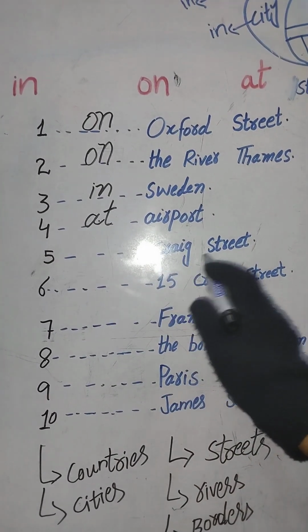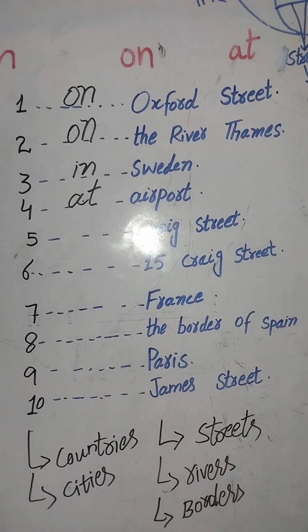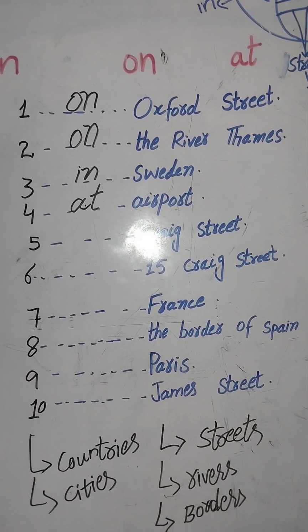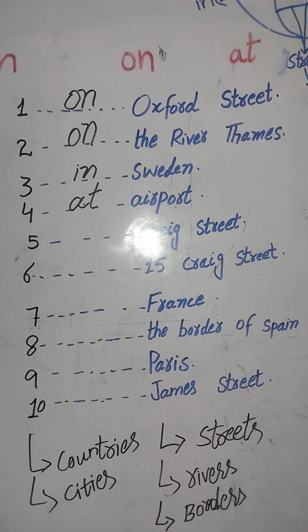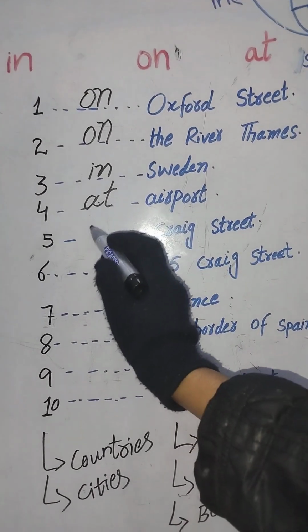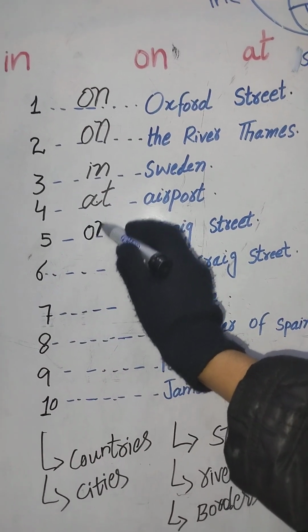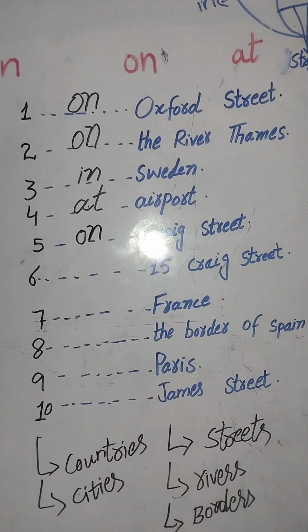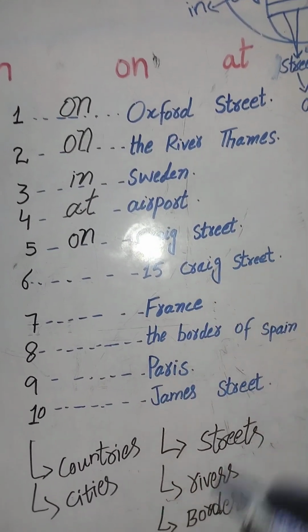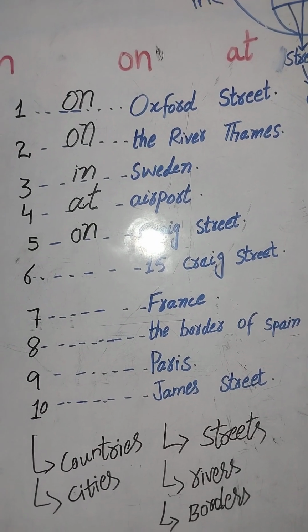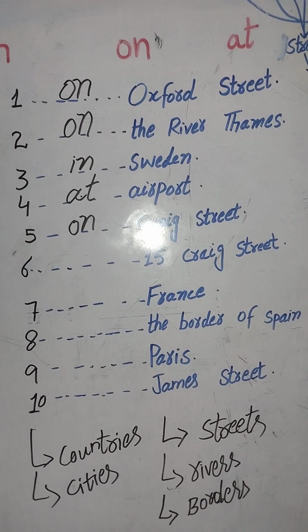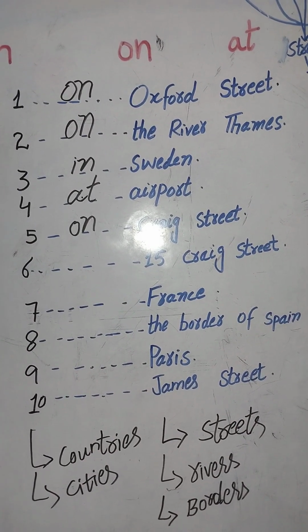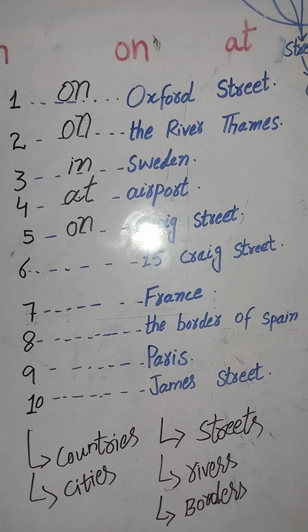Blank Craig Street. What do we use? On Craig Street. Blank 15 Craig Street. Now this is a bit tricky.